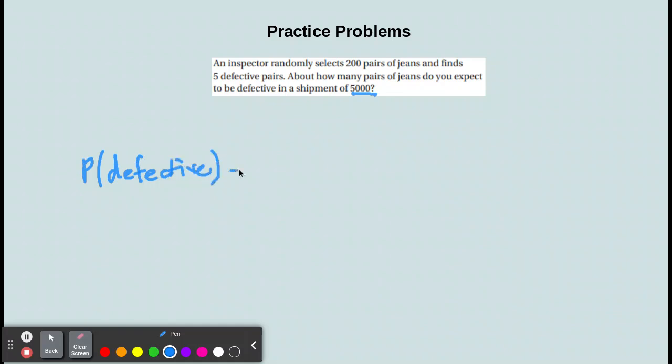Okay, how many did we find? We found 5 out of a sampling of 200, which is the same as 1 over 40. Okay, so 1 out of every 40 we think are going to be defective.